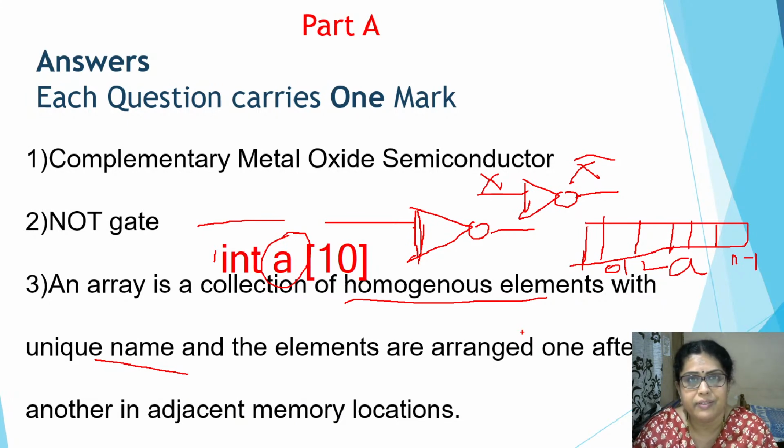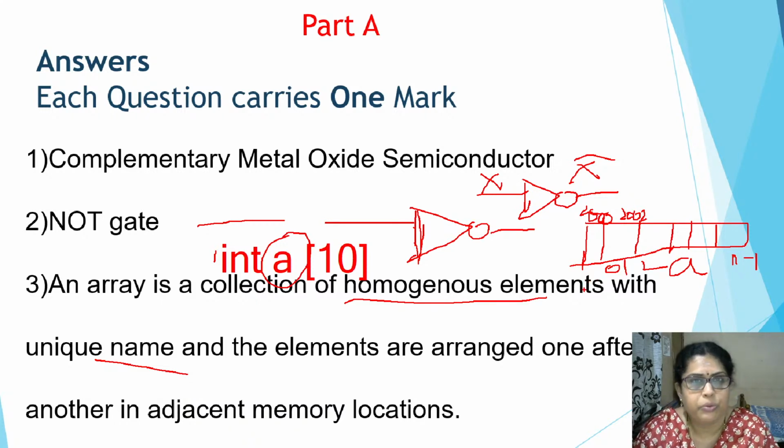Why are we saying adjacent memory locations? For example, if the memory location starts at, let us say, 2000 here, since int is 2 bytes, the next will be 2002. In your compiler int is 4 bytes, but I'm talking about the Turbo C++ compiler which I'm using.